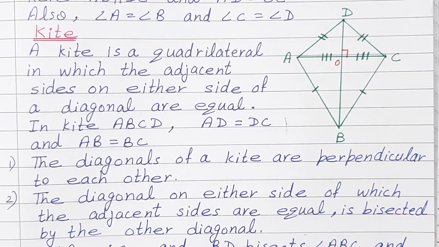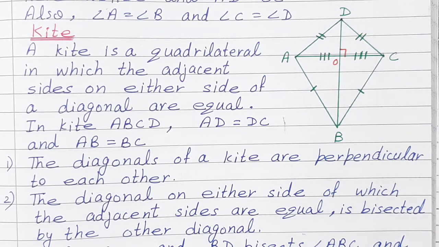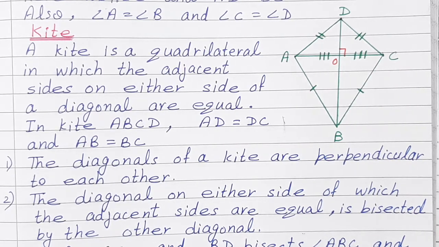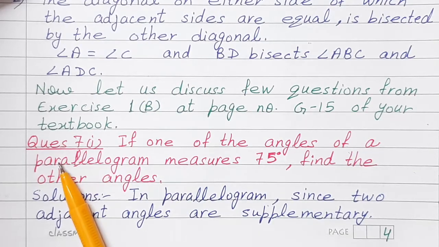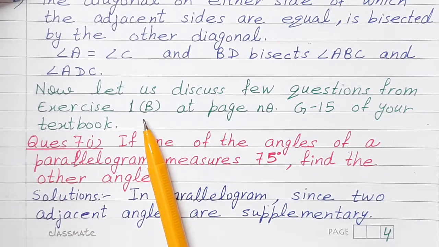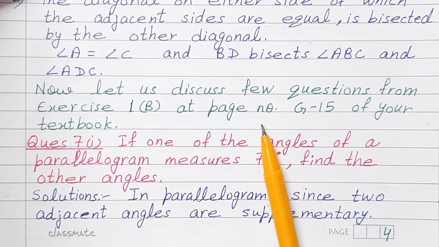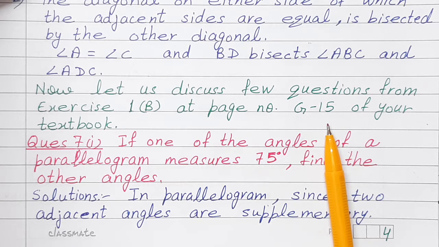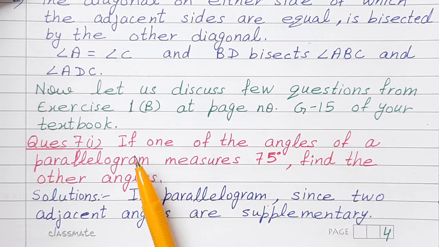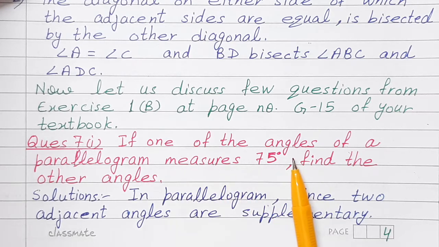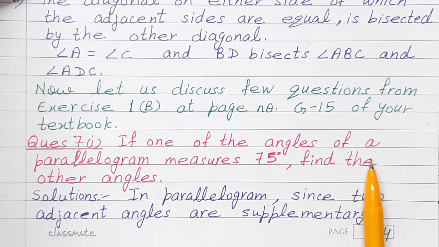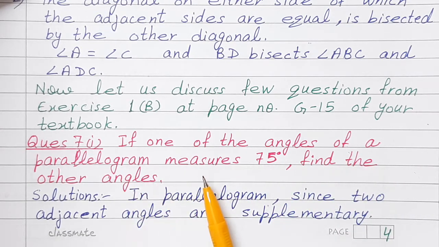Now children, it's time to discuss questions from the exercise. Question number 7 from exercise 1B at page number G15 of your textbook is: if one of the angles of a parallelogram measures 75 degrees, find the other angles.